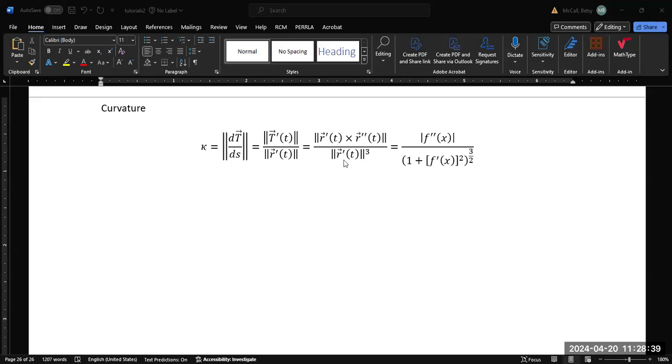So even though it involves cross products, it is computationally probably the most straightforward for functions of time.